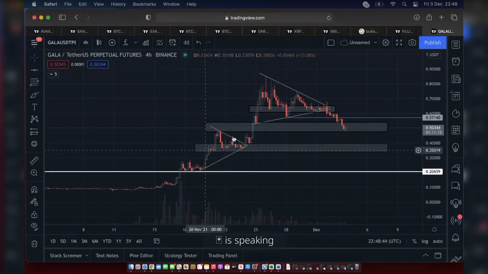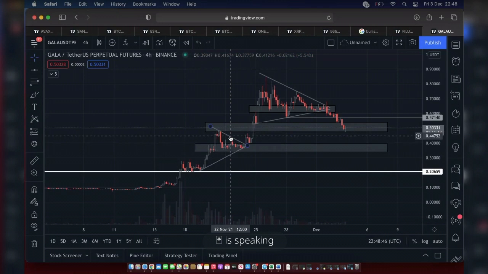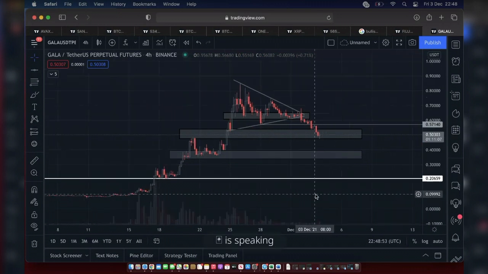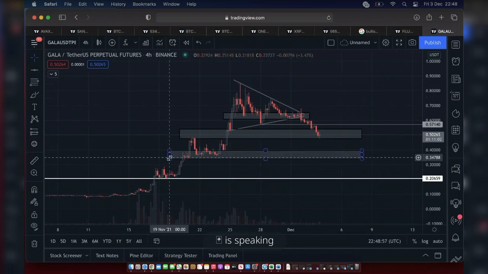So how you find a zone is you look for where price is reacting off of. You can see that price is reacting off of this level here. Let me make it a little bit easier. Let's go into a different chart.